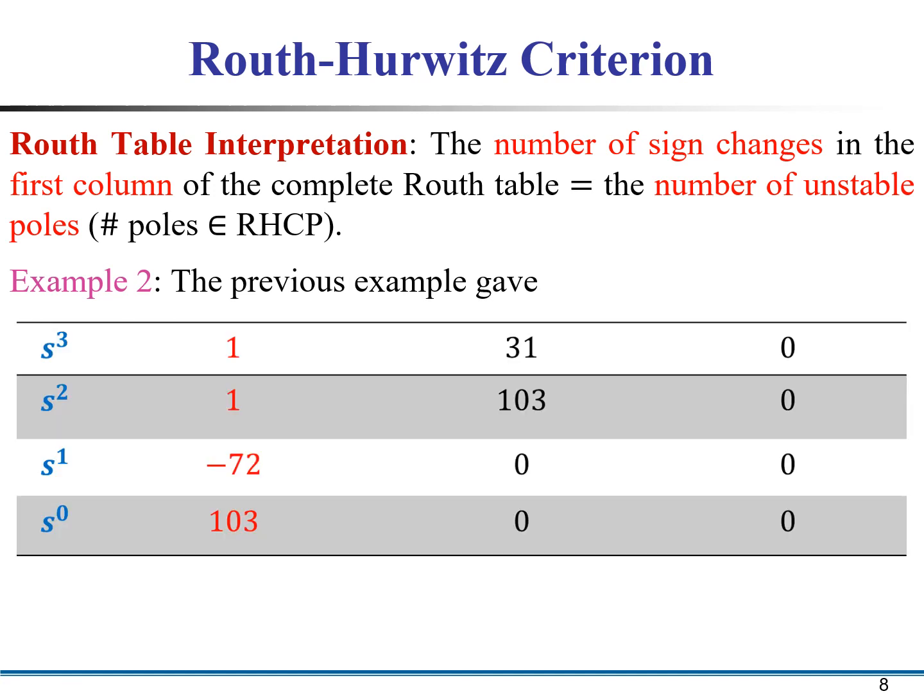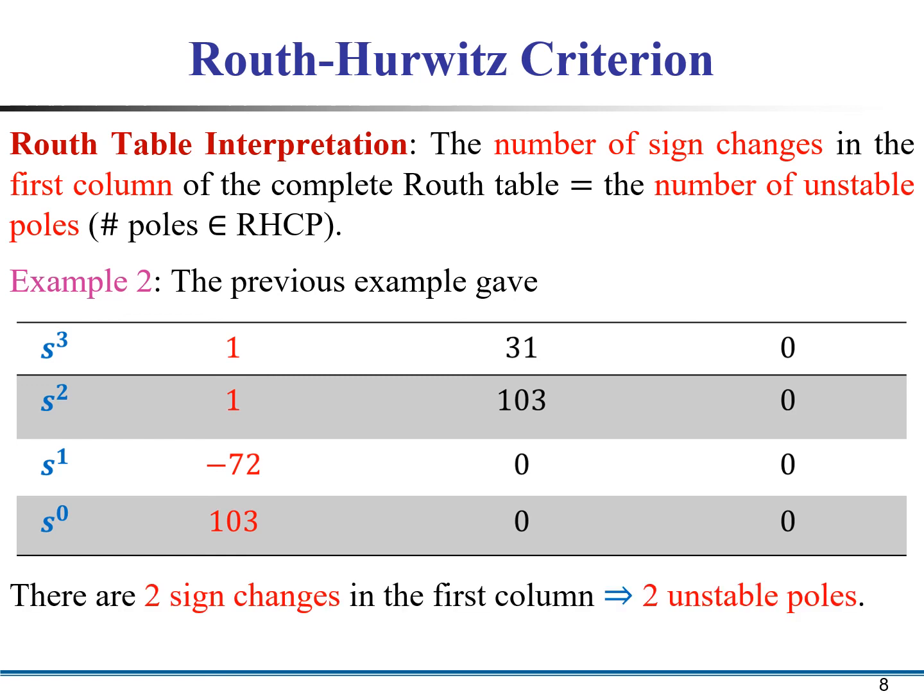Here we see that this is plus, this is plus, this one is minus, then this is plus, so there are two sign changes. This means two poles are in the right half S-plane. The terminology we use is unstable poles, but the right terminology is that two poles are in the right half complex plane, or right half S-plane.